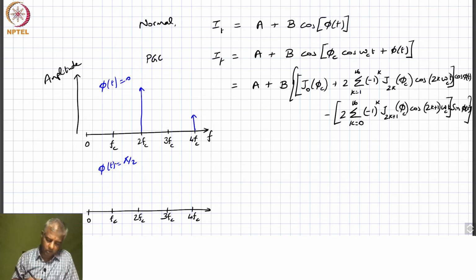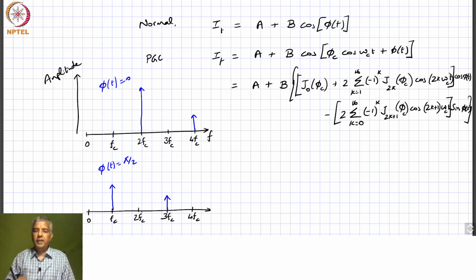So, that means you will have these terms being the dominant terms, right. Only the odd multiples of Fc, those will show up.